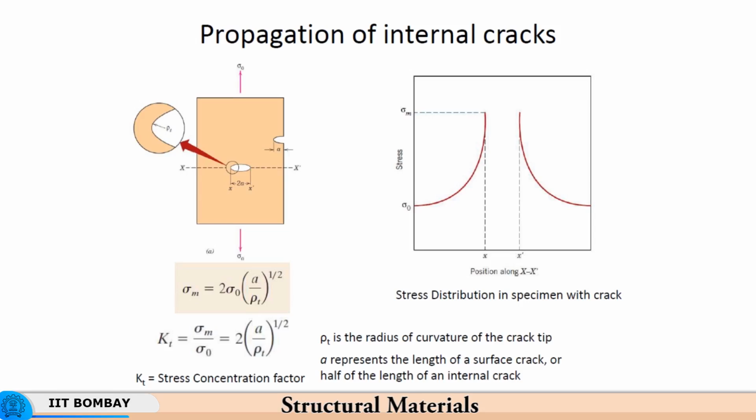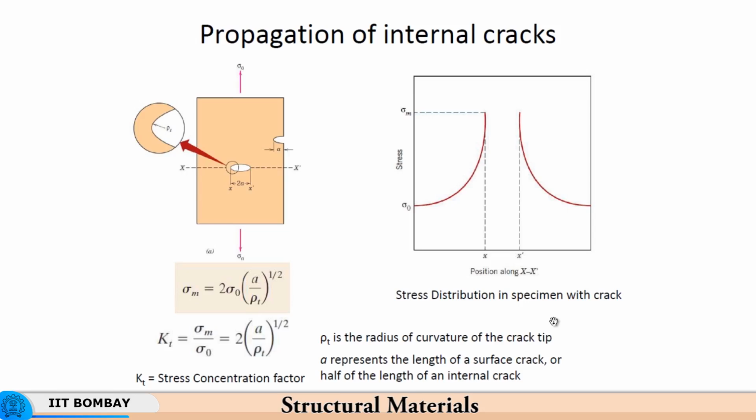So, there is no propagation of the crack. There is so called blunting of the crack, because the radius of curvature of this particular discontinuity increases as the plastic deformation increases.